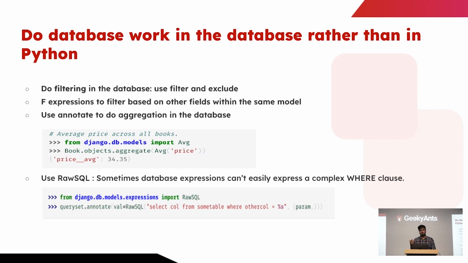So when you know you can get it done with just plain SQL, then just go for it. Use the raw SQL functionality and put in your SQL table, and that's sometimes the best way to go about it. Right. So these are the four things that we can do, other than indexing and all that. Those things that we talked before, things that we don't have to essentially use Python to do. Instead, we can just have a database do our jobs.